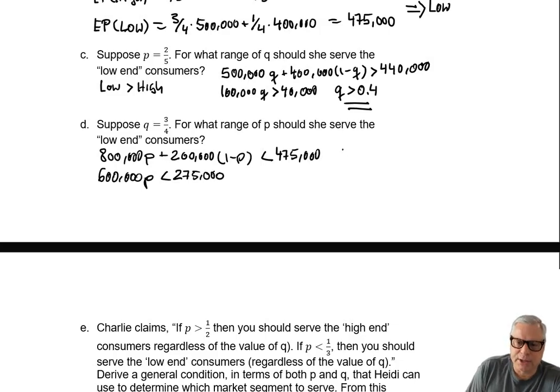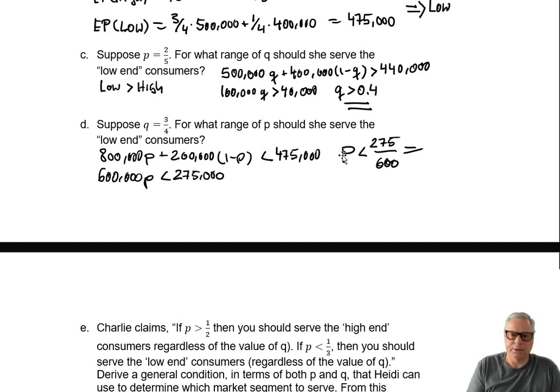So now we know that as long as the probability of a favorable condition in the high-end market is less than 275 over 600, which is 275 divided by 600, that's 11 over 24, or 0.4583.